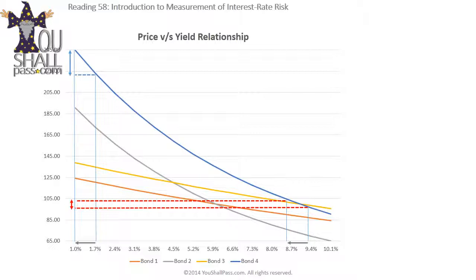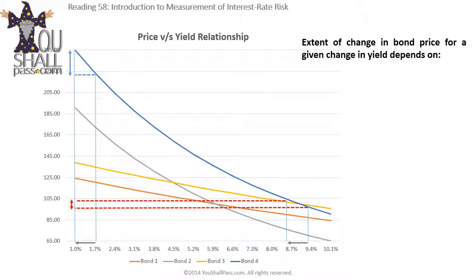And although the convexity may not be as apparent or as exaggerated for the other bonds, believe me, it's there and it's real for all bonds here and generally for all bonds. To summarize then, the extent of change in bond price for a given change in yield depends on two things.